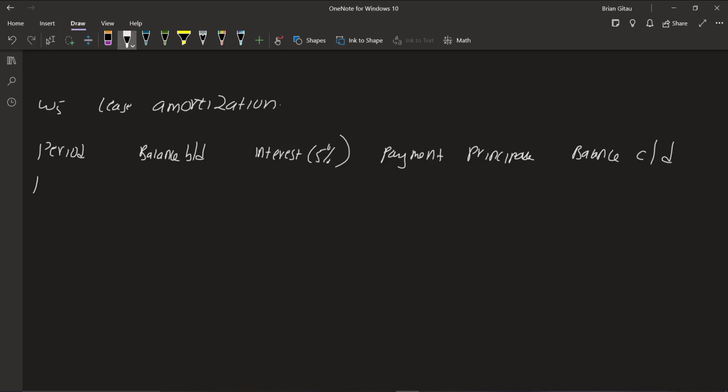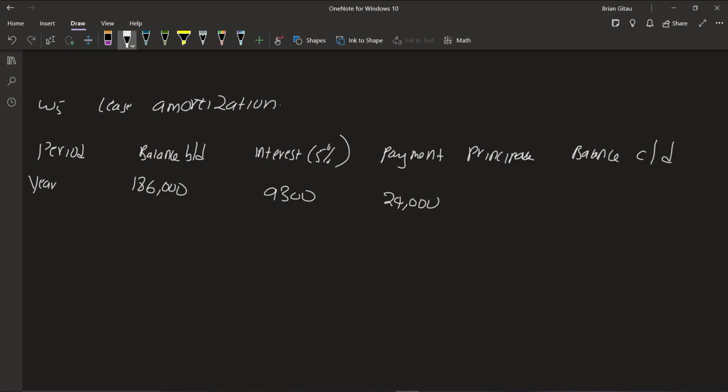So we have year one. Year one has 2 periods, but we are starting with 186,000. The payment is 24,000. We are paying 24,000 as the lease rentals. Now we get 186,000 times 5%. That is giving us 9,300.